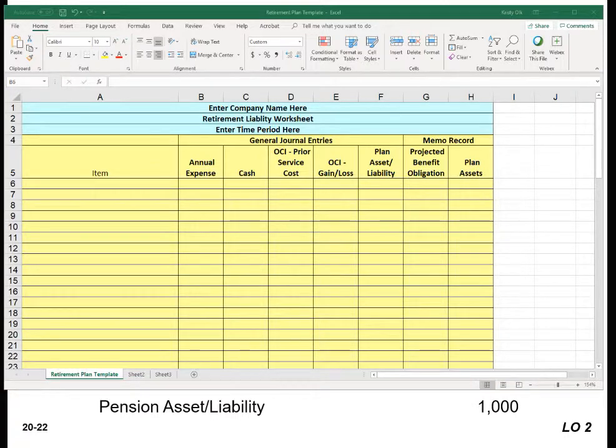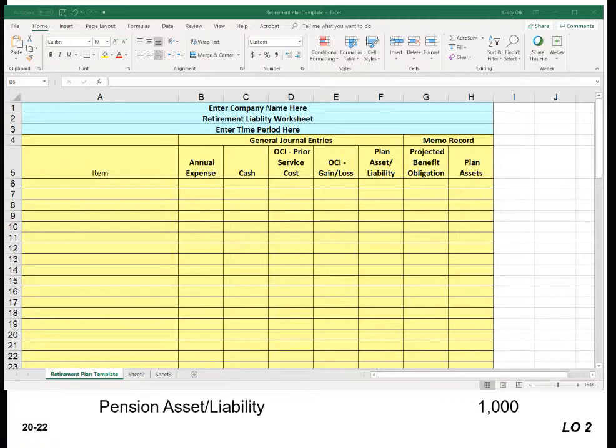So while this particular retirement liability worksheet isn't as laid out with the borders as pretty as the other one, it absolutely has all the exact same information.